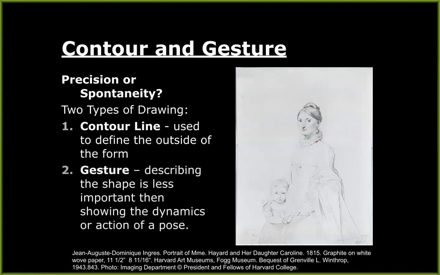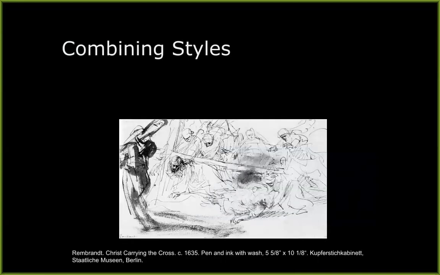Gesture drawing is often used to describe motion or movement, and it's more describing the shape or an action. So here you see a little bit of both in this drawing of Christ carrying the cross by Rembrandt.